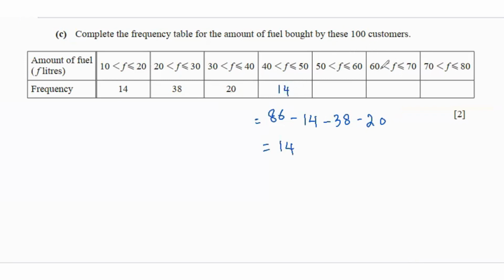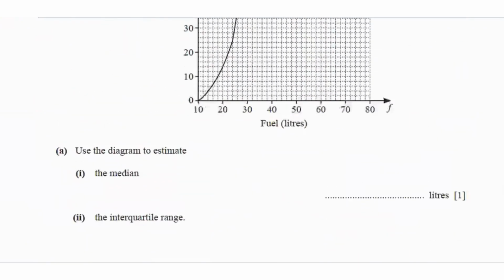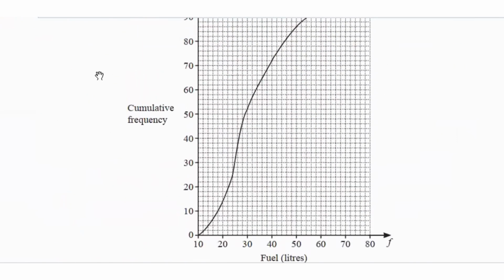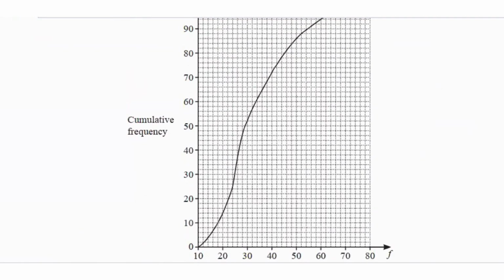Now for the 50 to 60 interval, we go back to the graph again and see what the cumulative frequency is at 60. That is 94.